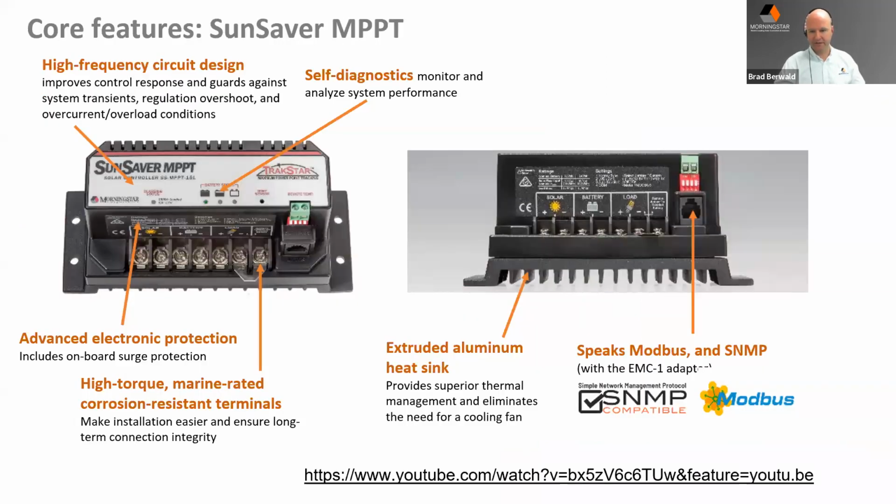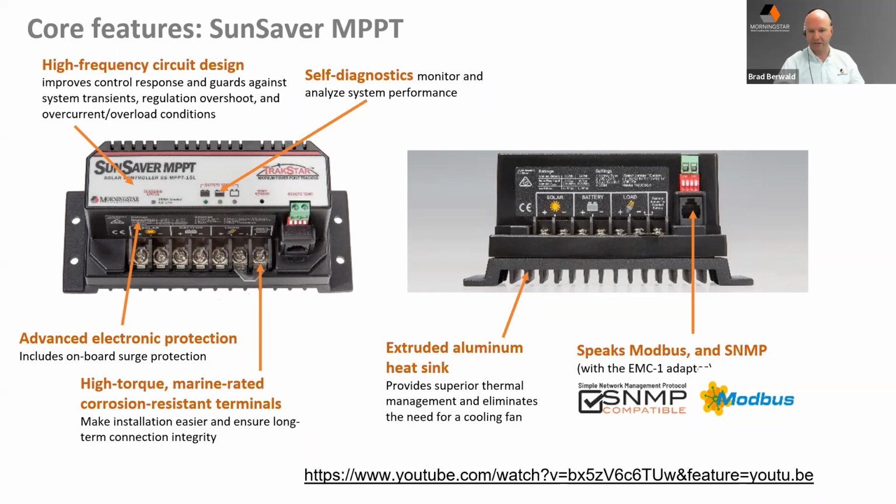In the case of the Sunsaver MPPT, just a few call outs here just to show some of the examples of the capabilities this product has. All our products generally are very high frequency design, meaning that we are measuring and analyzing current and making decisions in the product many times per second.